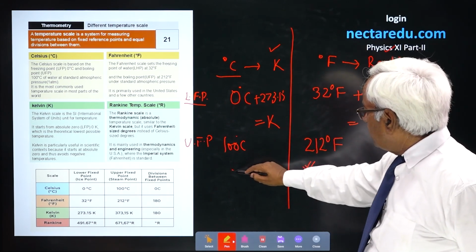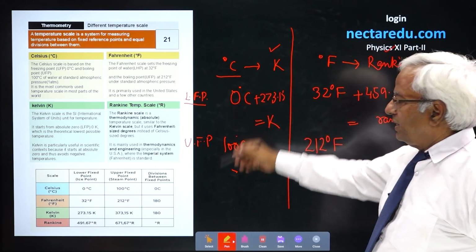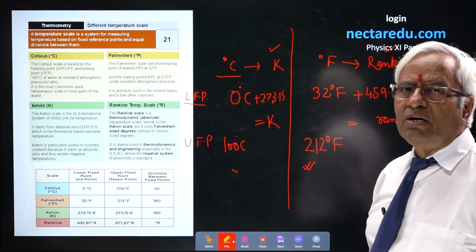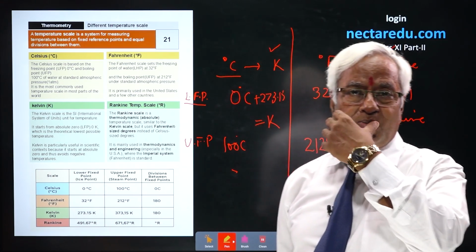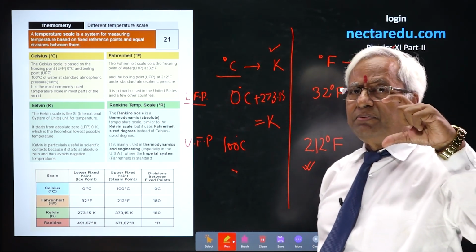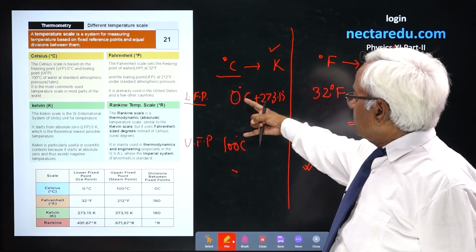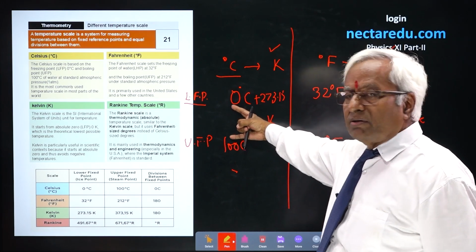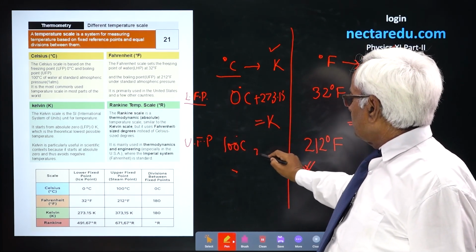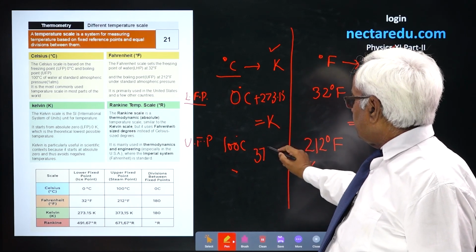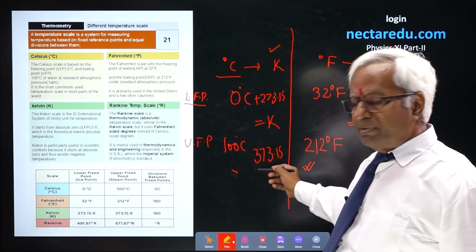The difference between lower fixed point and upper fixed point is 100 divisions on Celsius scale. On Kelvin scale also, remember that number of divisions will be similar on both the scales. This is difference of 100 divisions on Celsius and here on Kelvin also, because it's going to be 373.15, the boiling point of water on Kelvin scale.